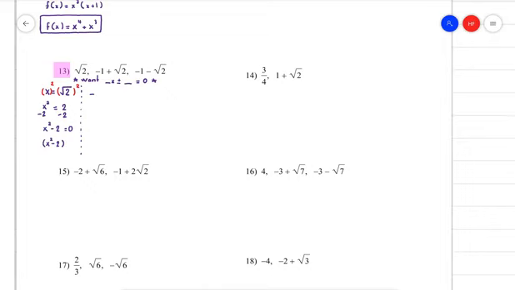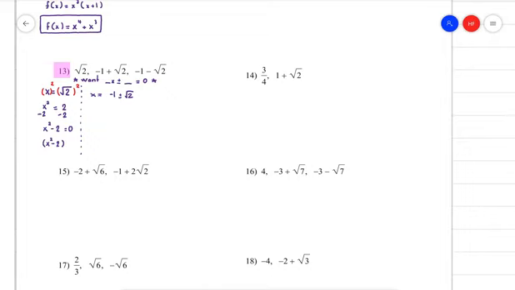Now in the second one, we have negative 1 plus the square root of 2. I'm going to write x equals, and what I want is for that to say x plus or minus something is equal to 0.